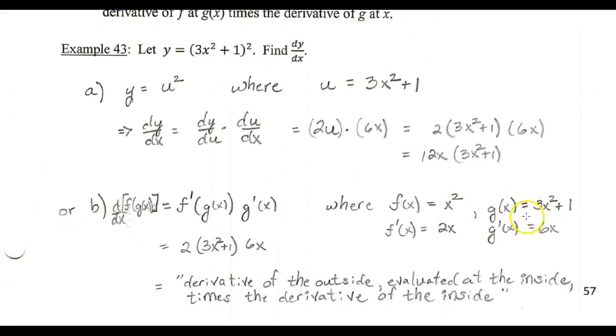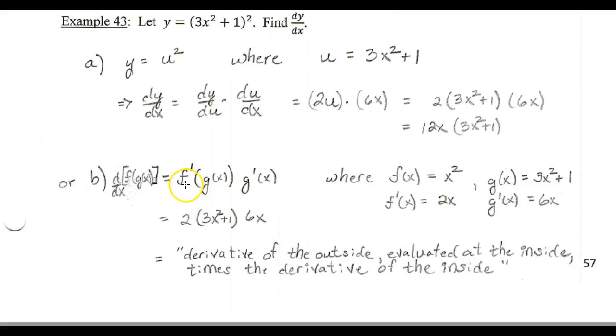So f of g of x would be 3x squared plus 1 quantity squared. So you take f prime, now f prime is 2x, but I'm evaluating at g of x, so g of x goes in there for x, so it's 2 times the quantity 3x squared plus 1, times 6x, and you can see that it's the same thing, 12x times 3x squared plus 1.